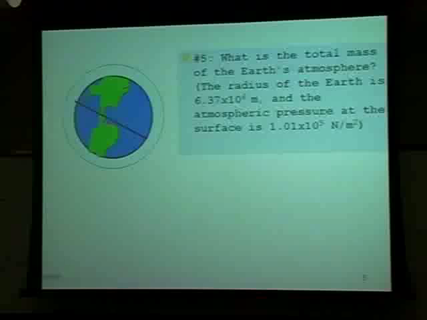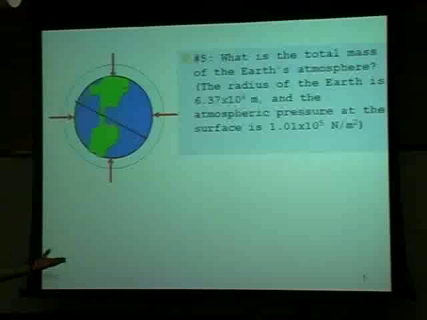Normal atmospheric pressure is actually 1.013 times 10 to the 5 newtons per meter squared, or Pascals. At the surface of the Earth, what you feel in normal atmospheric pressure is the weight of the atmosphere above you, and it's bearing down on the surface area of the Earth.